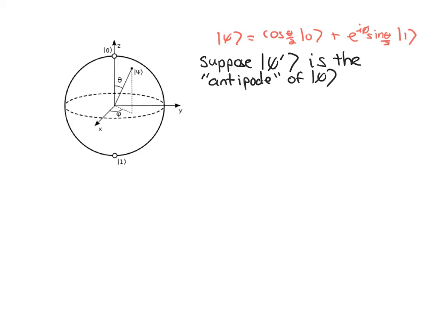What I mean by that is it's diametrically opposed. So if psi is here, then you just go straight across through the diameter to get to psi prime.